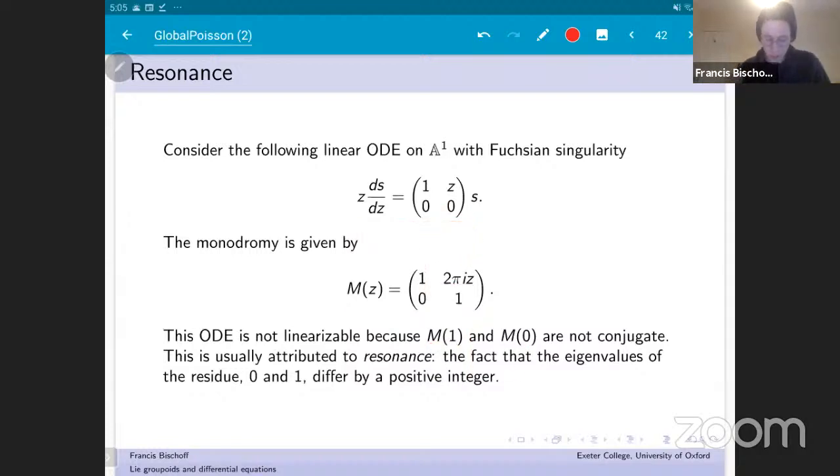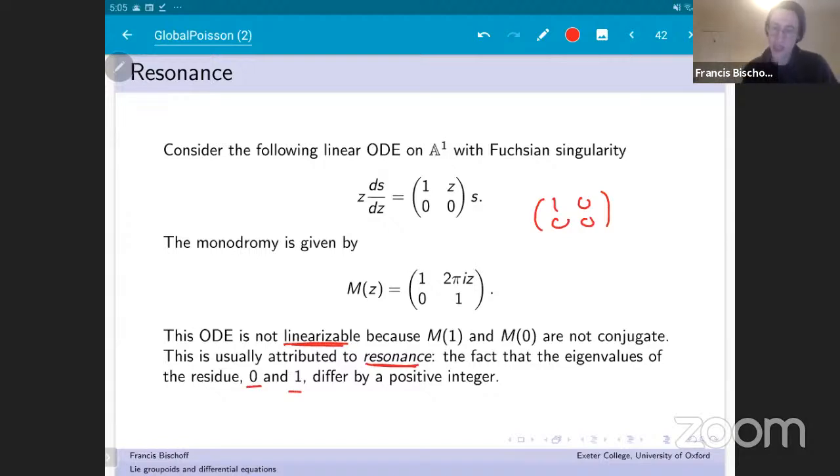So the cause that's usually attributed to the failure of linearizability is resonance, which is the fact that the eigenvalues of the residue, so the residue of this is this matrix, and the eigenvalues of the residue, which are 0 and 1, differ by a positive integer.